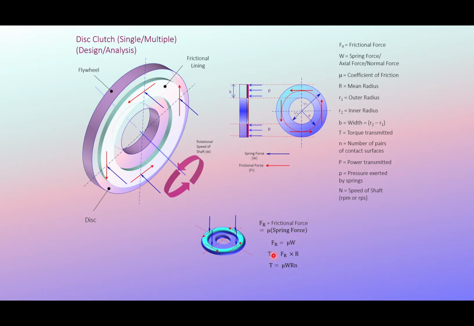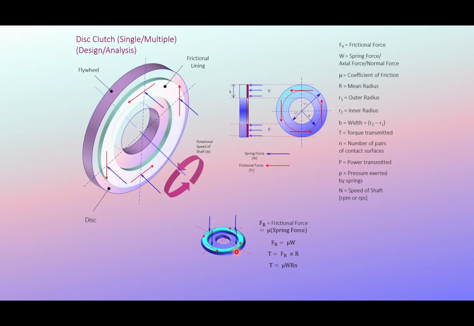And we know that torque is defined as tangential force multiplied by radius. The tangential force here is the frictional force, multiplied by the radius, that is the mean radius. The mean radius you consider from the center of this point here to the central axis of the disc.